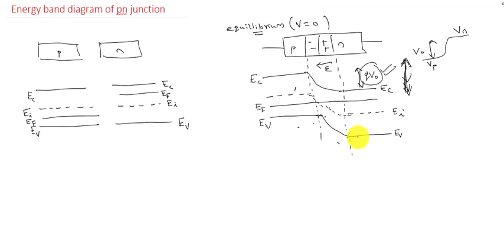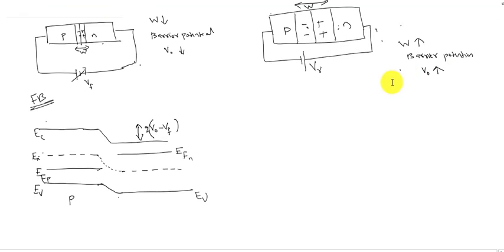So we can draw the reverse bias condition, that is EC. P we are not changing, so while drawing, P should be kept constant. So this is EC, EV, and this is EI, and this is EF on the P side. Here the depletion region is increasing and the barrier potential is also increasing, so we can draw EC much lower.